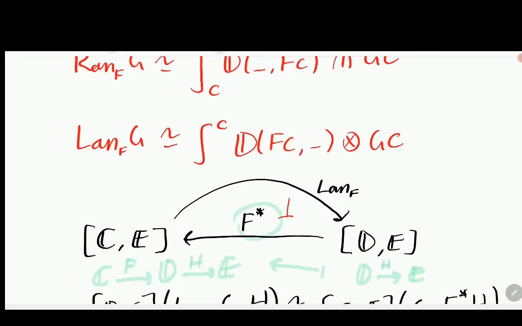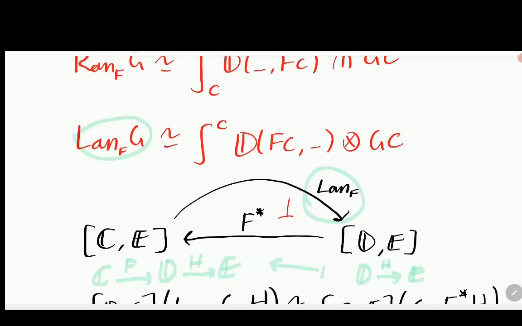Well, F star is going to have a left adjoint, and that's going to be the thing that makes our left Kan extensions along F. And so this thing here is just this functor applied to G living over here.